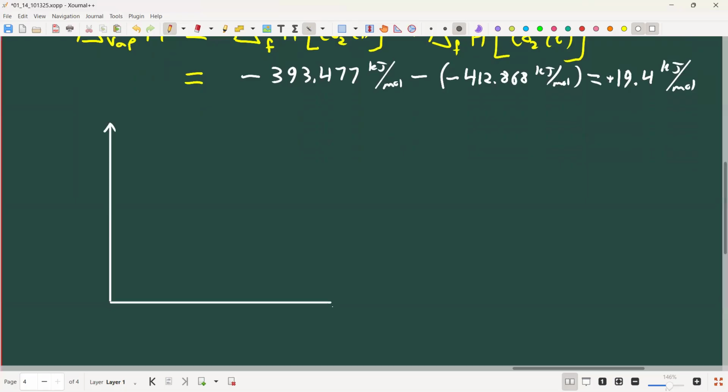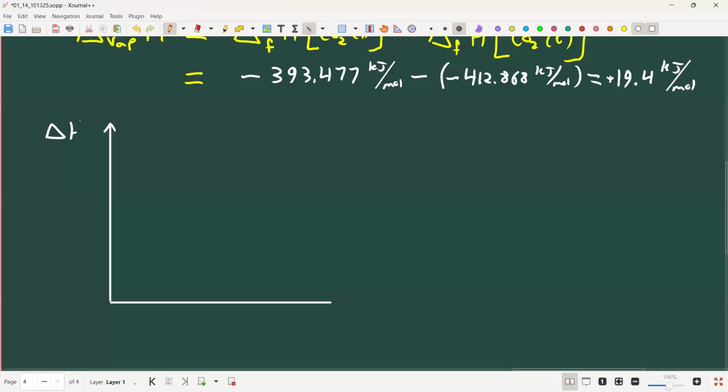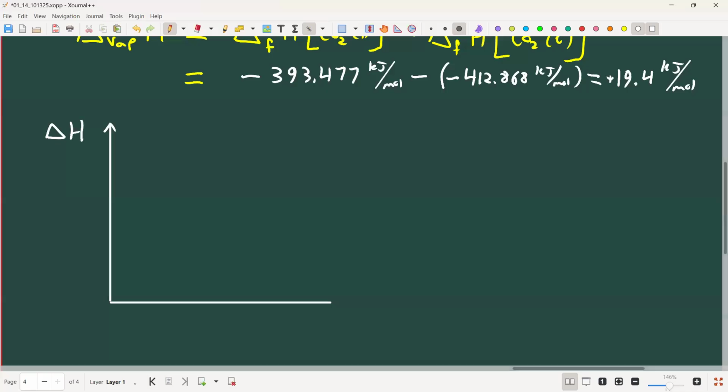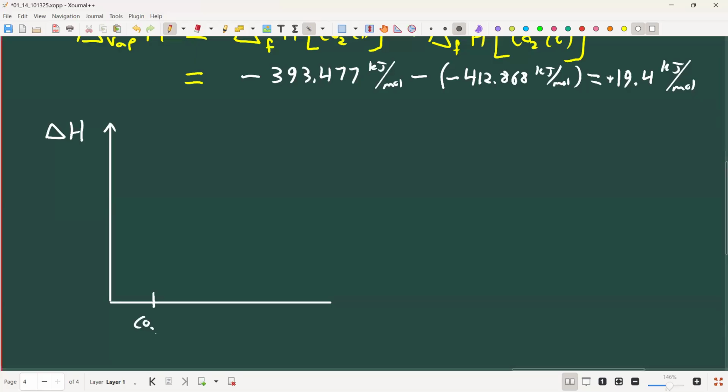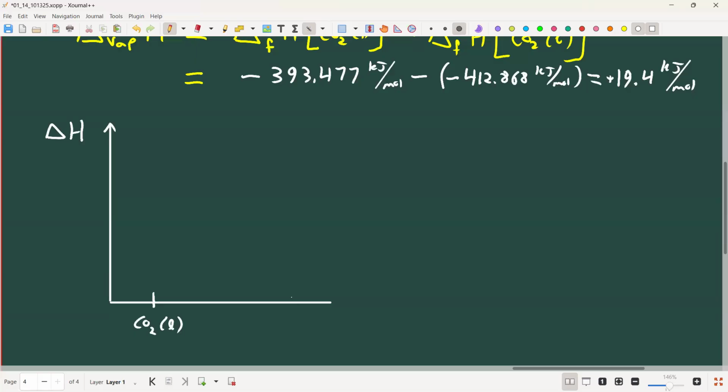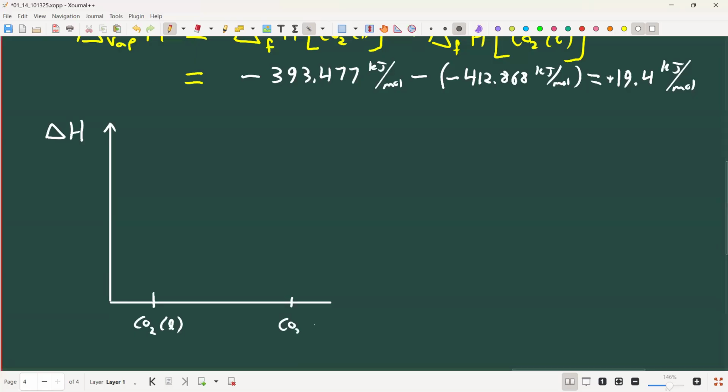Not really a real plot, but I'm going to plot on the y-axis the enthalpy change of whatever material I'm looking at. And I'm going to put two entries on the x-axis for my reactants and my products. So I'm going to put here the enthalpy of CO2 liquid and the enthalpy of CO2 gas here.